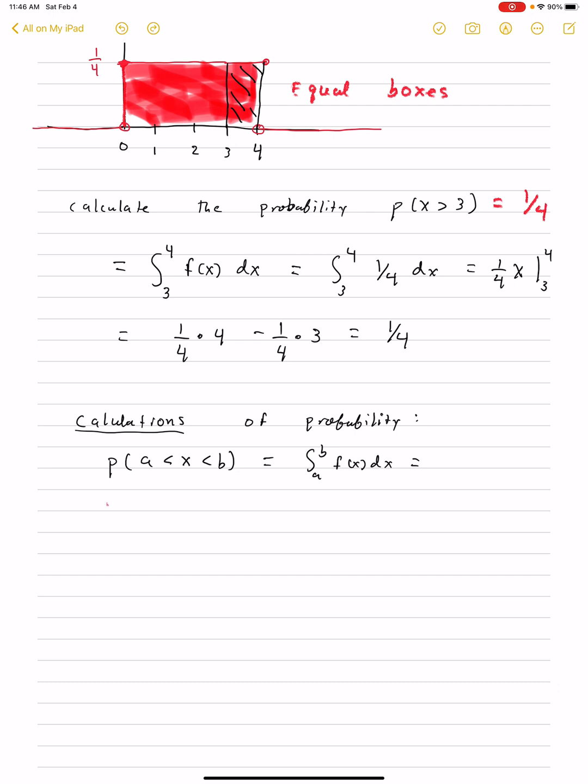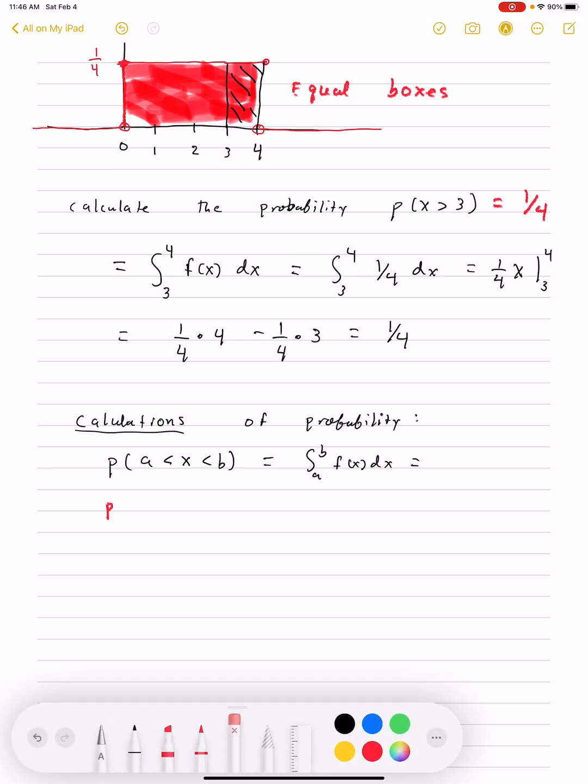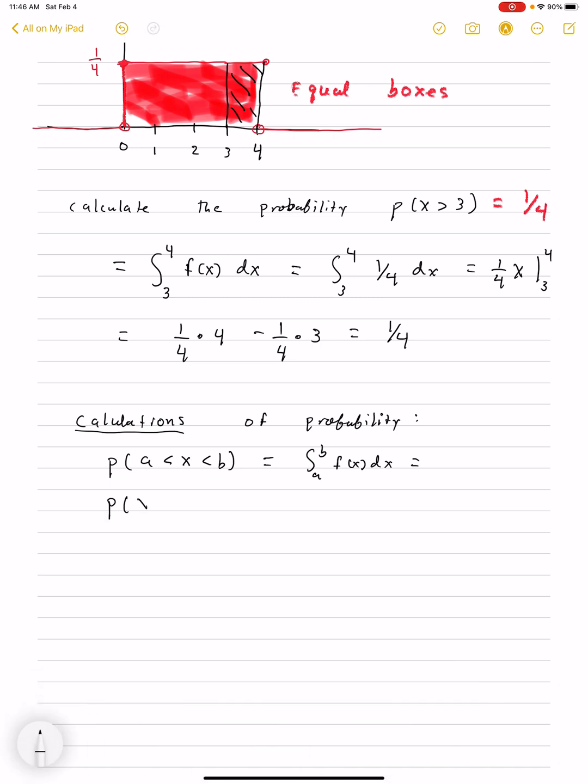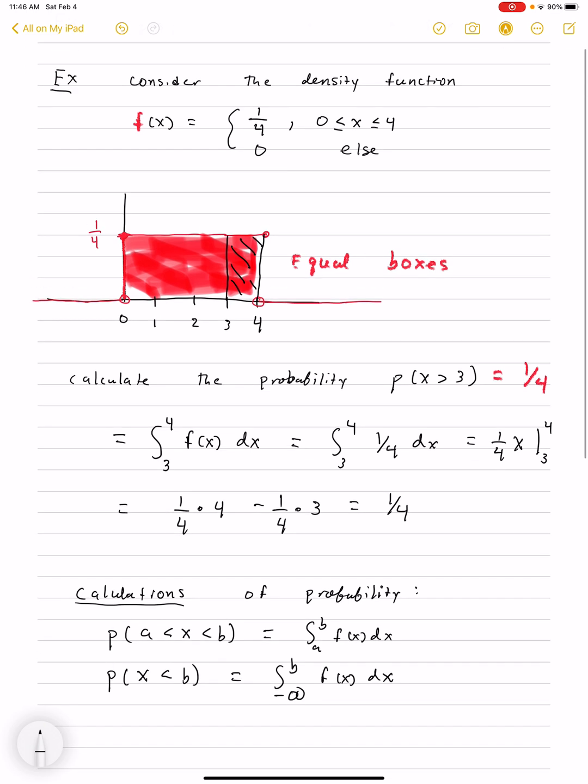Now, it also follows, my apologies, didn't mean to write that in red. It also follows that if I want to calculate probability x is less than b, this will be the integral from minus infinity to b of f of x dx. And you might say, if I integrate from minus infinity, how's that possible?